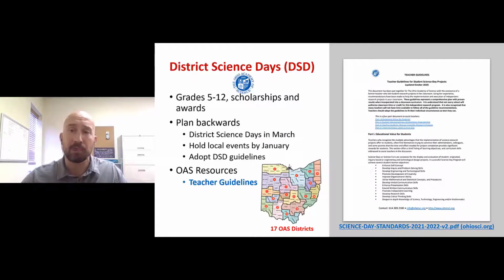One is an overview of educational value to students in participating in science fair events. There are quite a few examples in addition to those that I highlighted a few moments ago. There is another section on student project expectations, or the final deliverables of what students will have to do at the district level.